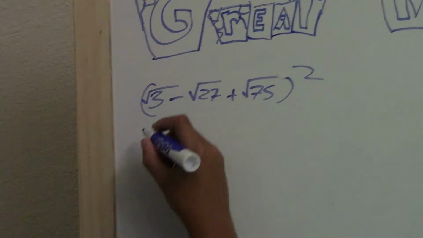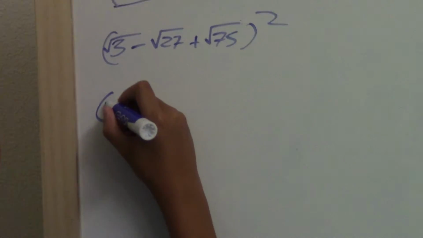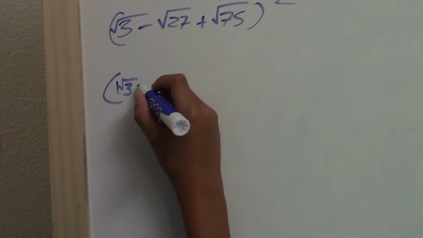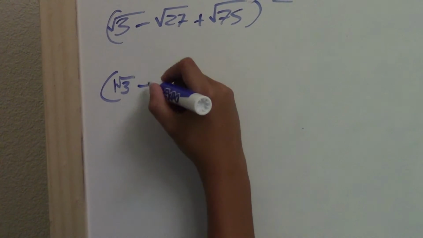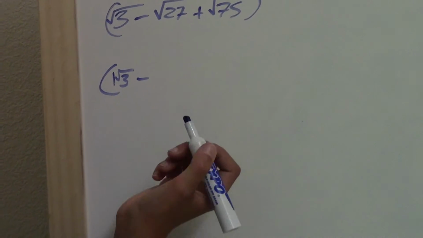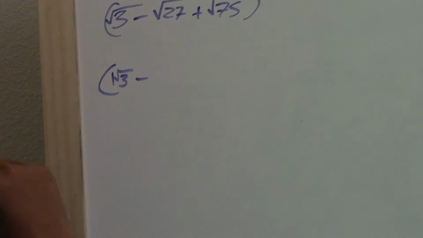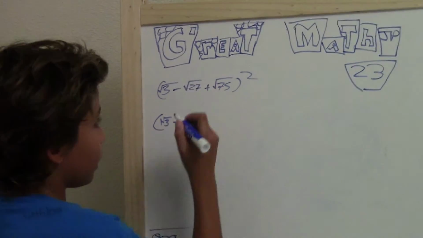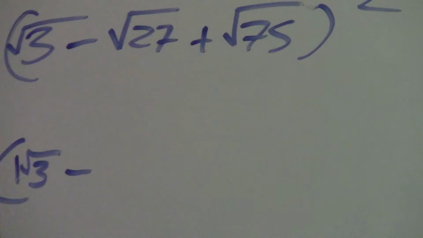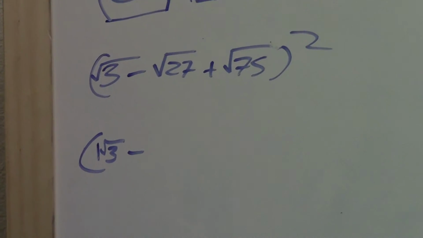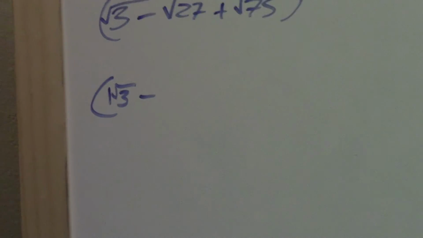So another way we can do it is doing this. The square root of 27 is the square root of 1 times 9 times 3, and by doing the square root of 9, that will be 3.